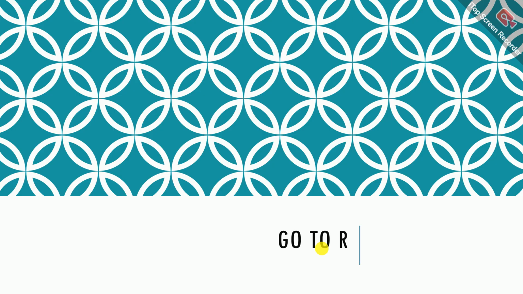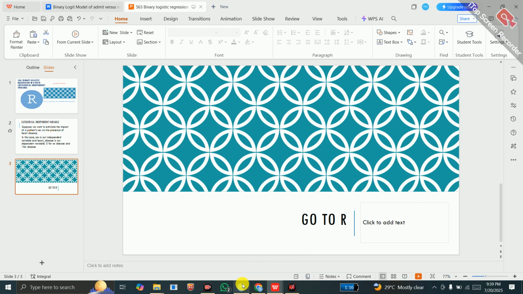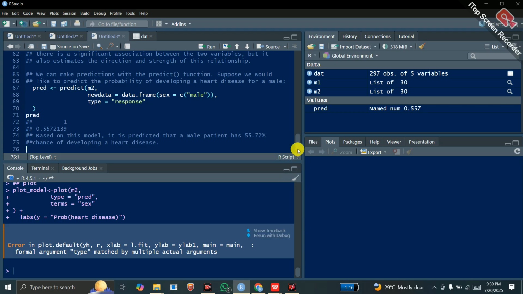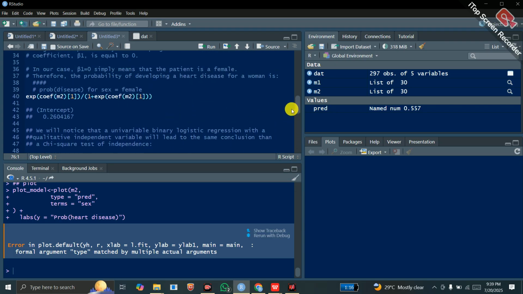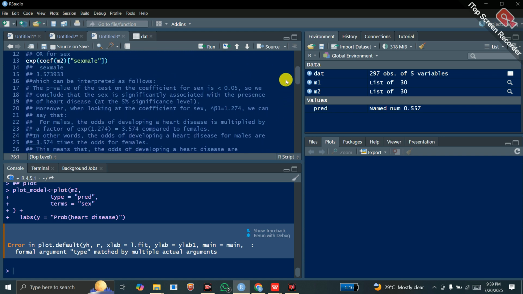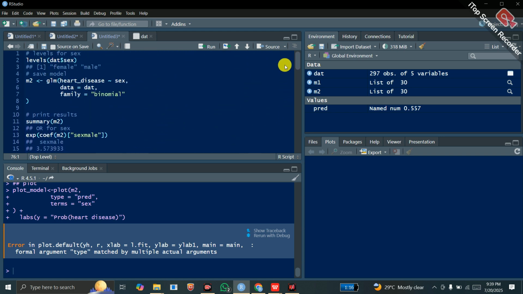So now I will go to R. This is R, and I have already opened my data set, and my data set is again DAT. In the previous video I explained M1. M1 was my binary regression model in which I used an independent variable that was quantitative.